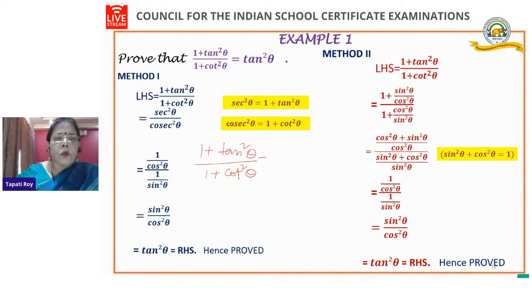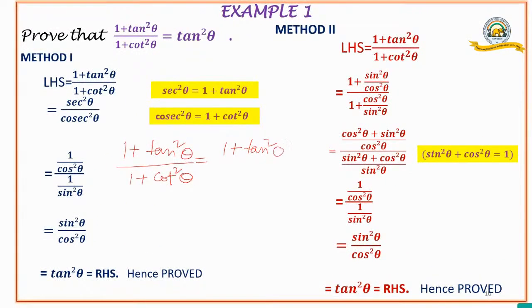So this is equal to 1 plus tan square theta upon 1 plus what is cot? Reciprocal of tan. So 1 upon tan square theta. So that is equal to, tan square theta is the LCM here. That is our denominator. Numerator remains as it is.